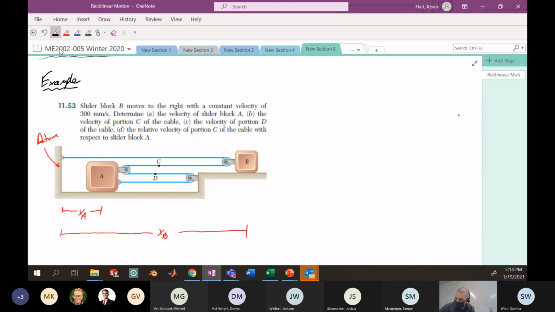So let's see if I can define my position relationship. The method that I described was writing the length of this rope in terms of the positions of A and B. So let's try that. Let's call this total rope length L.